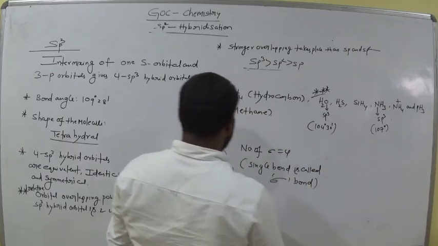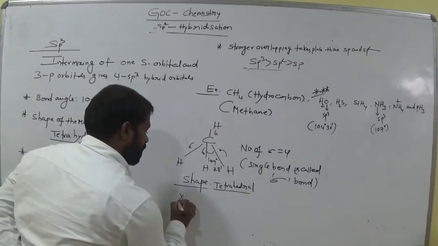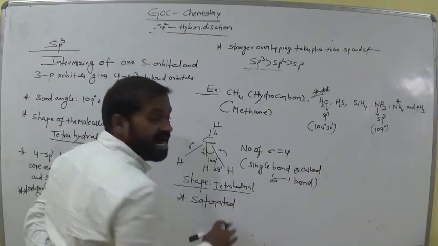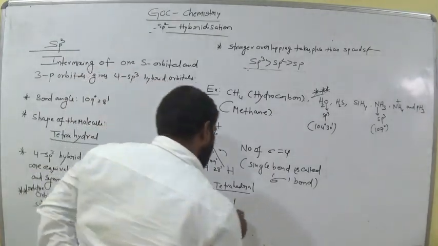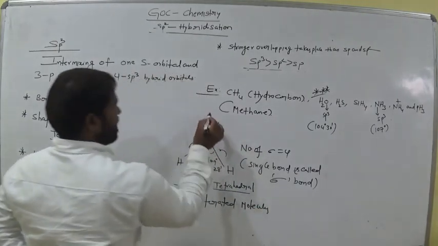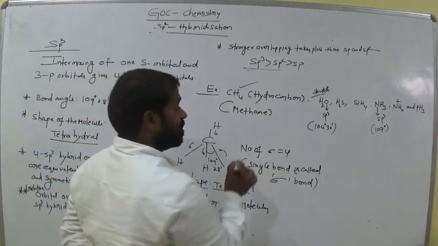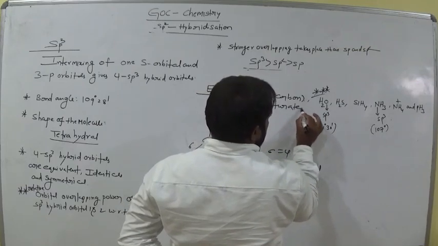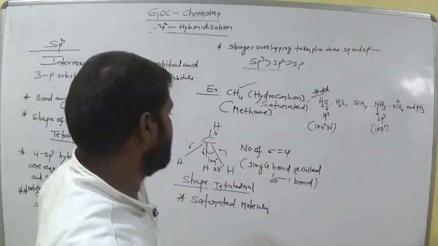When all are single bonds, it is called saturated, so the molecule is stable. CH4 is a saturated hydrocarbon. If a double bond or triple bond is present, it is an unsaturated hydrocarbon. Remember it. Is it clear?